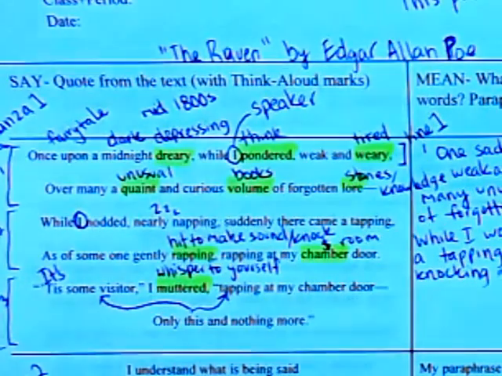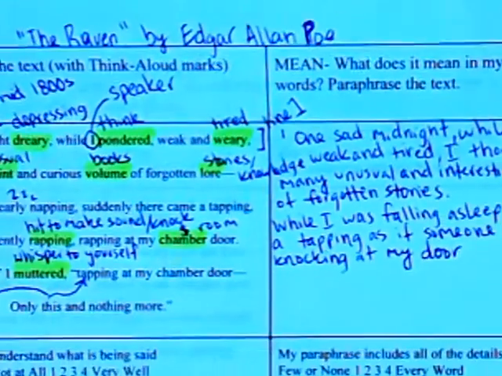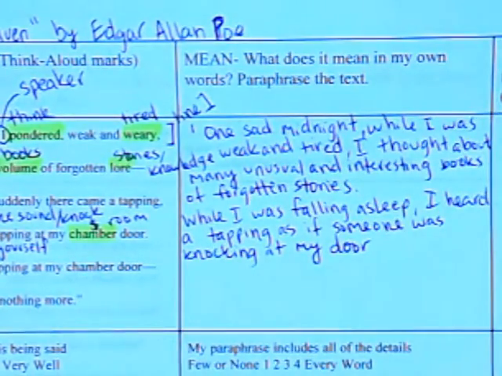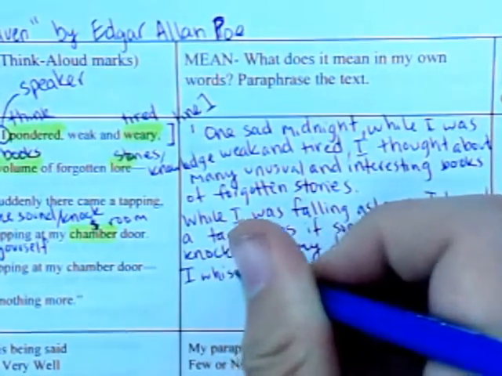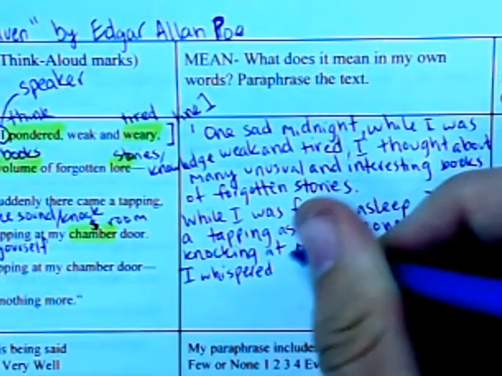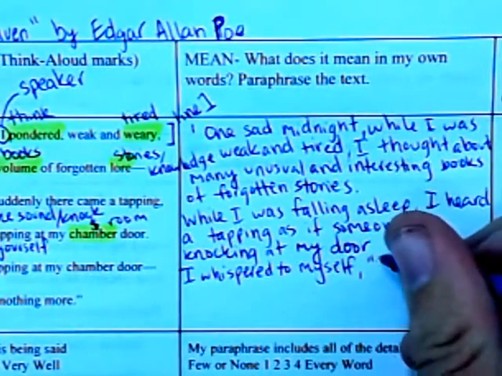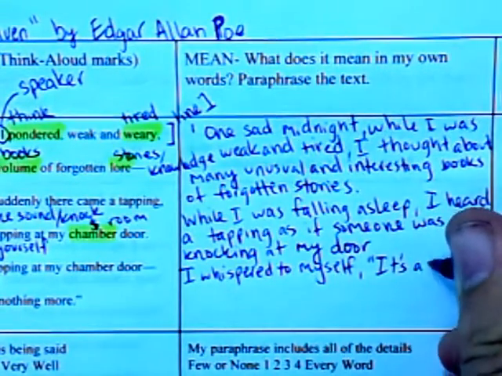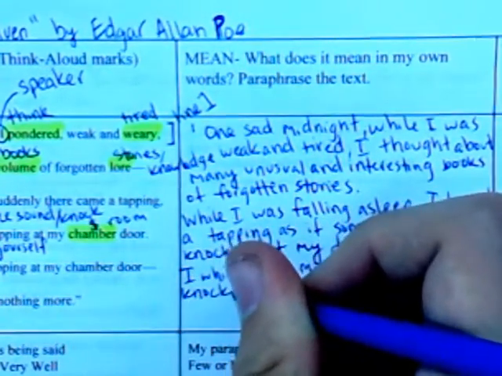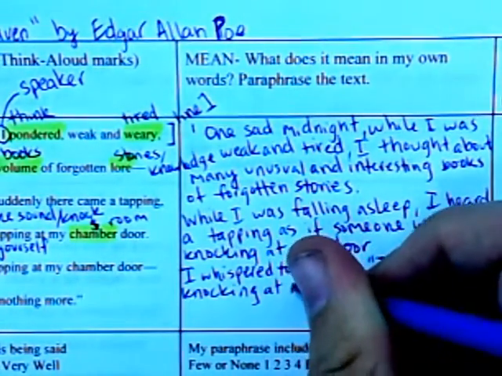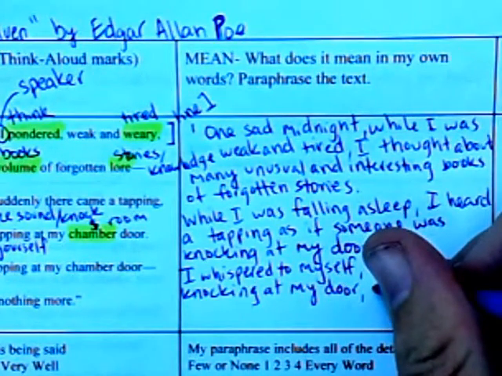So what I can go ahead and do now is I can take that and I can write it over here. And I'll say, I whispered to myself, "It's a visitor knocking at my door, only a visitor."